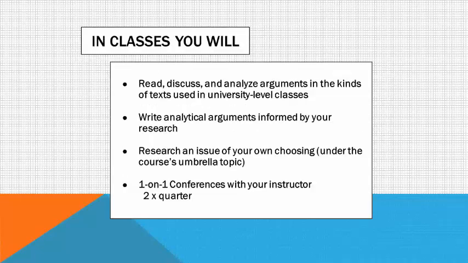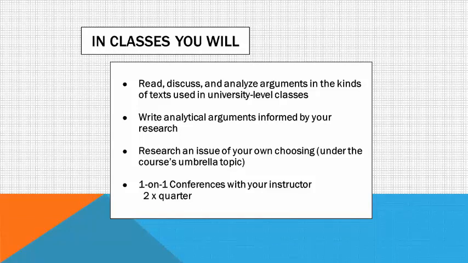So in your classes, you will read, discuss, and analyze arguments and the kinds of texts that are used in university-level classes. So we use a variety of texts. They might be from history, they might be from science, they might be from sociology, psychology, economics. It just depends. You will also write analytical arguments informed by your own research. Don't get worried. You don't have to conduct a research project or an experiment. It's just library research.